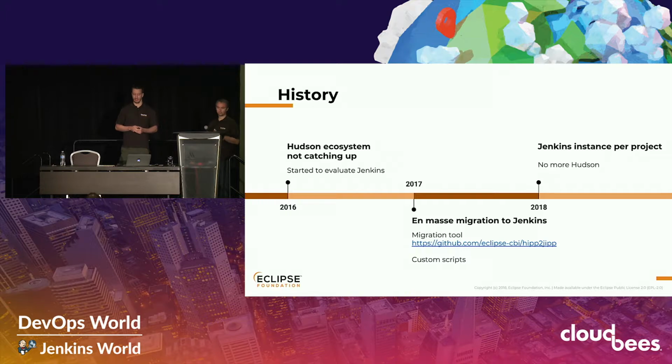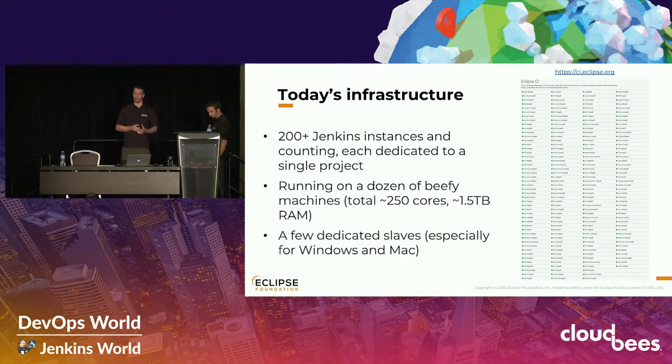And this helped us a lot to give our projects more of a chance to use the current versions of plugins, and some plugins that were not even available for Hudson. But still, there were quite a lot of projects using the JIPs. As of today, we have roughly 200 Jenkins instances, and we get more requests almost every day.